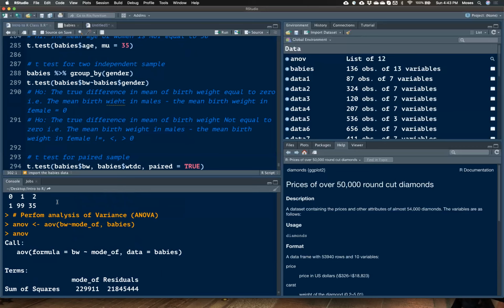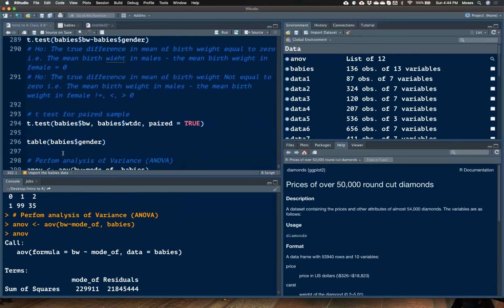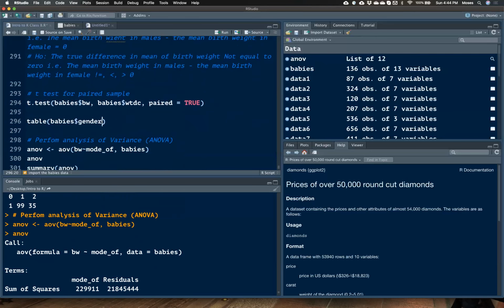That means it doesn't necessarily matter how the baby has been delivered. But here the problem could be that most of the babies were delivered using normal delivery. So there might be some issue here in terms of maybe bias of the data set that we have.